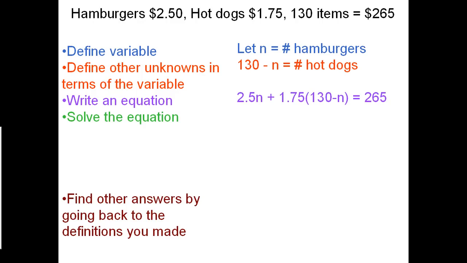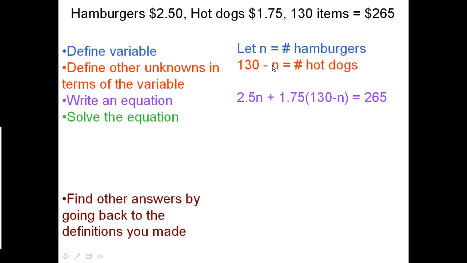I'm going to show you the equation I came up with. It's 2.5, that's $2.50, the dollar amount for a hamburger, times the number of hamburgers, and that's going to give us the total money received for hamburgers.